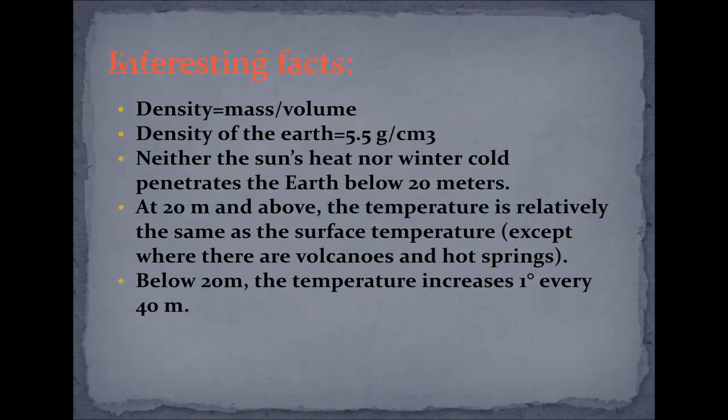We will also talk about volcanoes more next week. Below that 20 meters, the temperature will increase 1 degree every 40 meters. And we've seen and talked numbers and how thick. So as we go down, the temperature is very much going to increase.